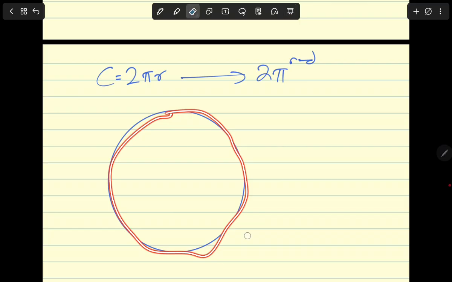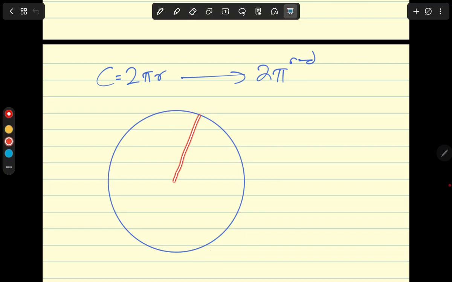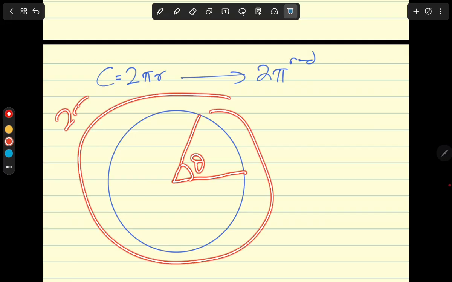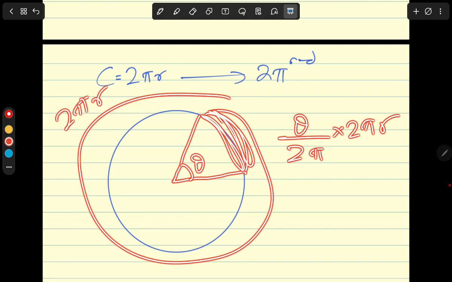So if this entire thing is 2 pi, then what corresponds to this theta? This entire thing was 2 pi r. So this must be theta upon 2 pi into 2 pi r, right? We're talking about this part only, this arc length. So if we just get rid of our 2 pi's, we will be left with r theta is equal to the arc length, which is s.